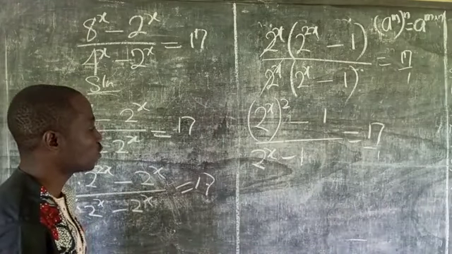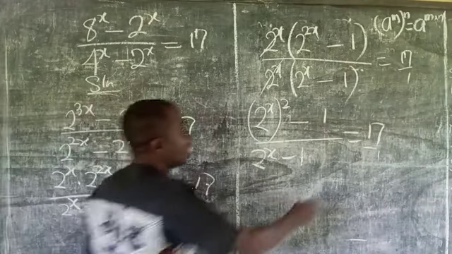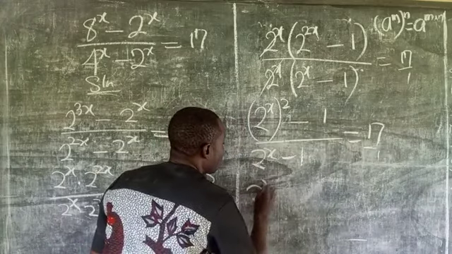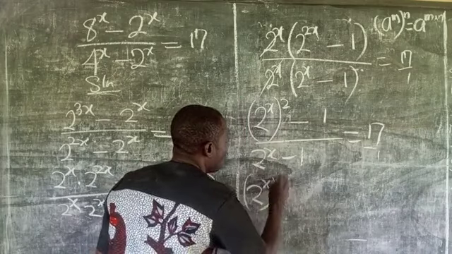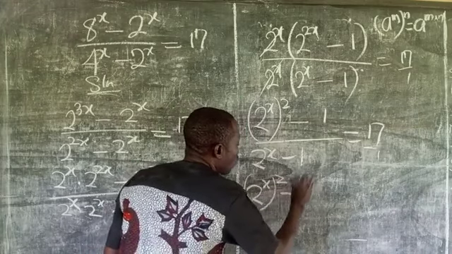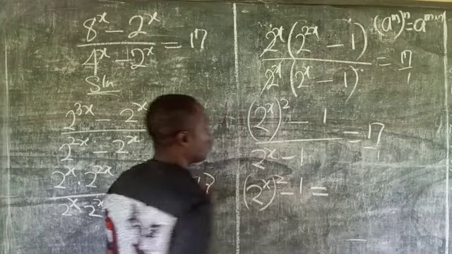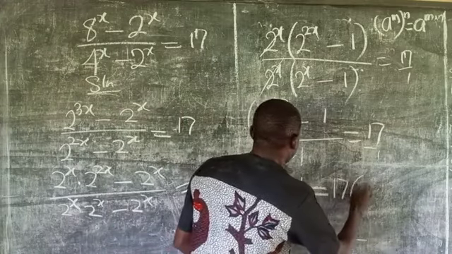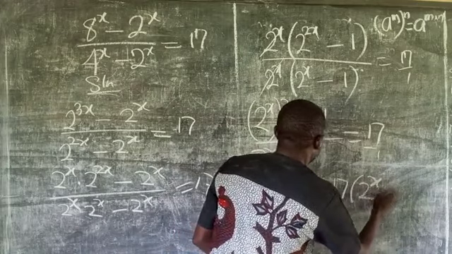So we can cross multiply. If we cross multiply, this term will multiply to be 2 raised to power s, all squared, minus 1, equal to 17 times 2 raised to power s minus 1.